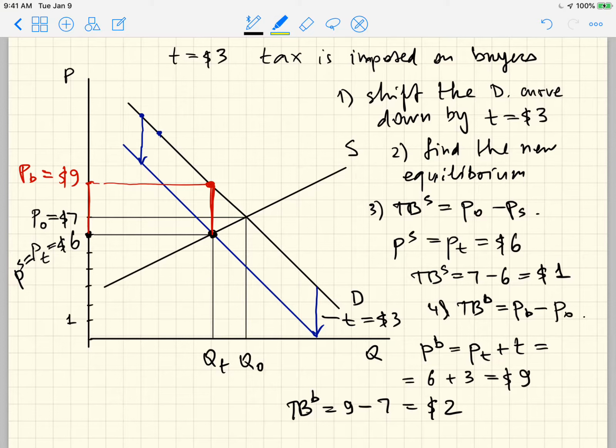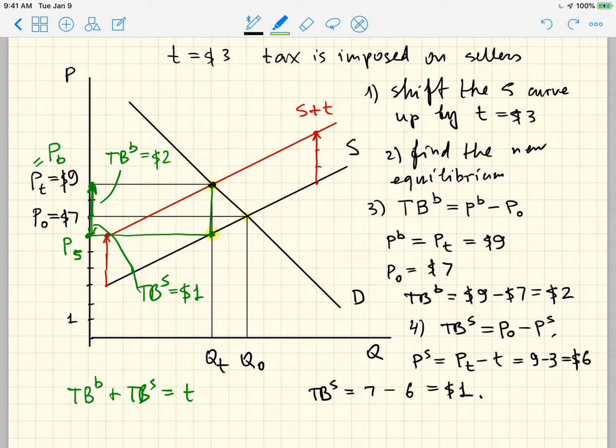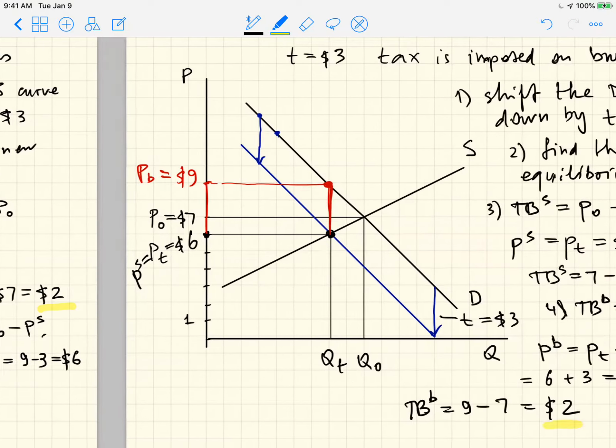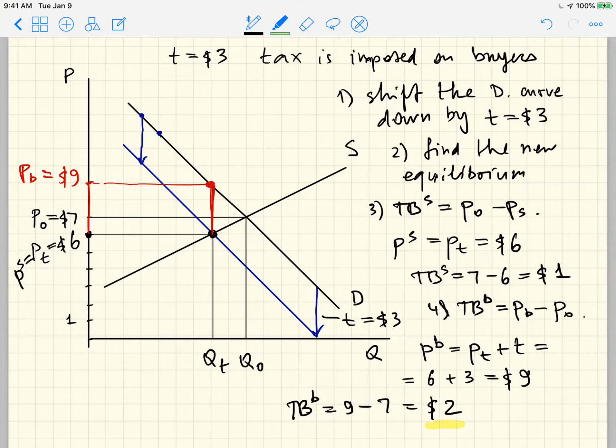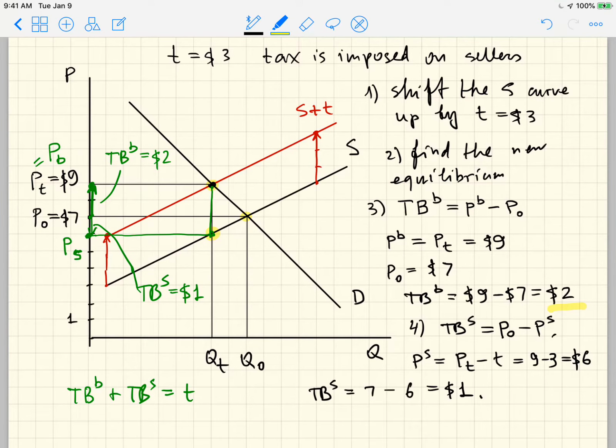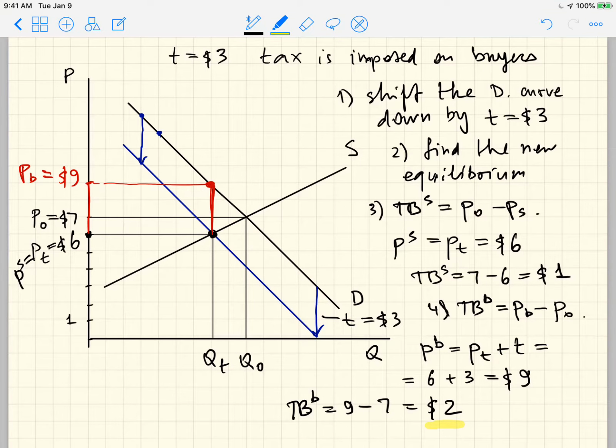Now if we look at those tax burdens, we might notice that they are the same tax burdens we got in the previous case. Tax burden on buyers was $2 here, and it's $2 here as well. Tax burden on sellers was $1 here, and it's $1 here as well. So an amazing result we're getting here is that no matter on whom the tax is imposed, the distribution of tax burdens is exactly the same in both cases.